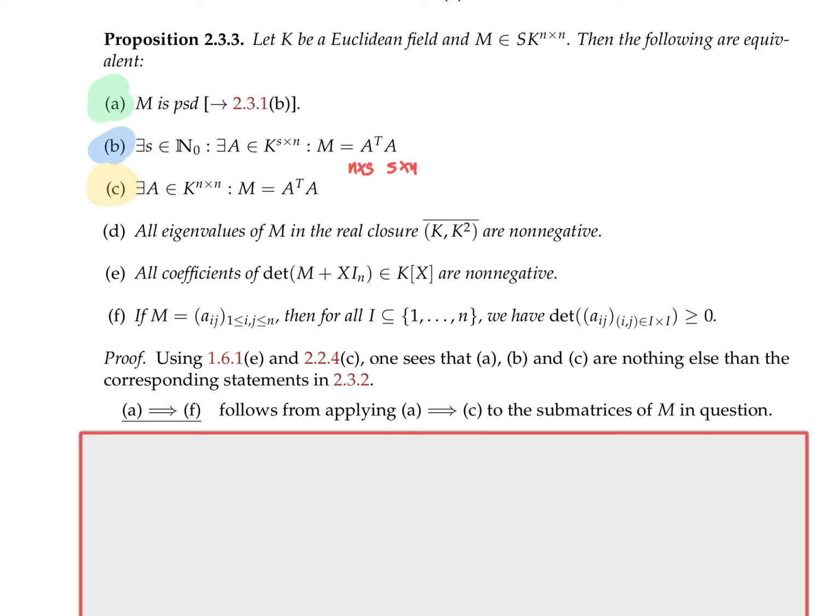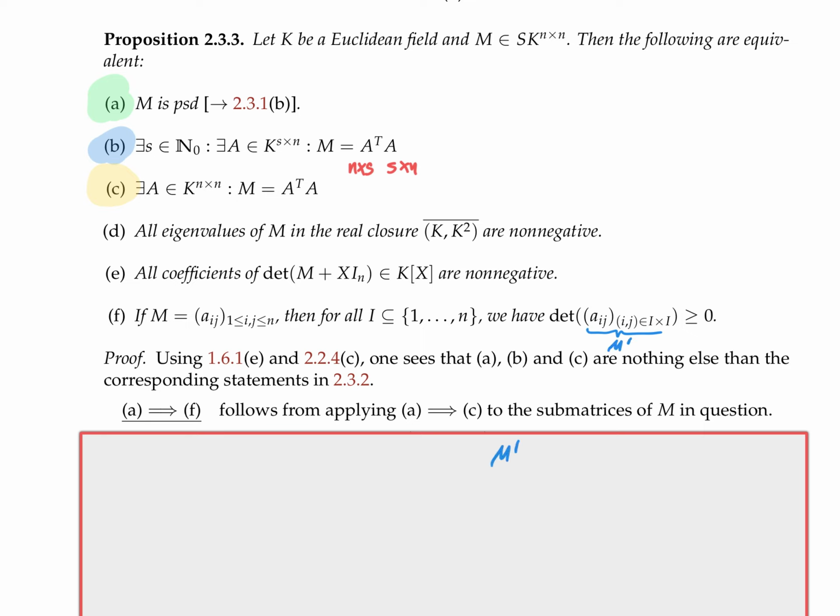Because if this principal submatrix is of the form a matrix transposed times a matrix, then, because the determinant is multiplicative, let me call such a submatrix, where I fix some index set I, M prime.